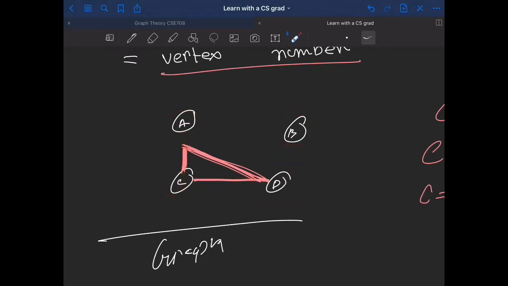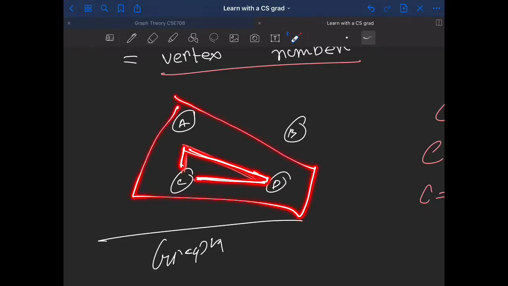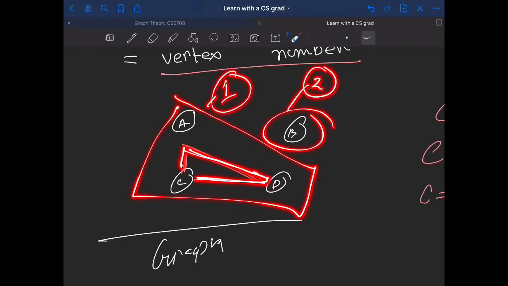However, when we're making this new line, does this decrease the number of subgraphs? No, it doesn't, because it's still this one and this one. So it doesn't decrease the number of components in the graph, right?